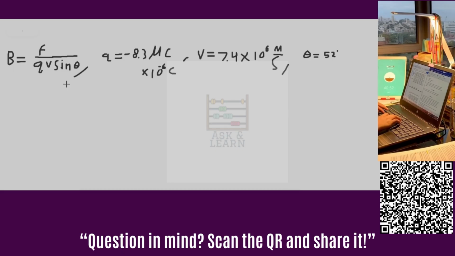The last piece of information we have is what the force is. Our force is equal to 5.4 times 10 to the minus 3.